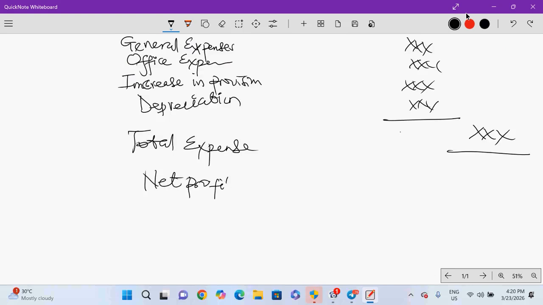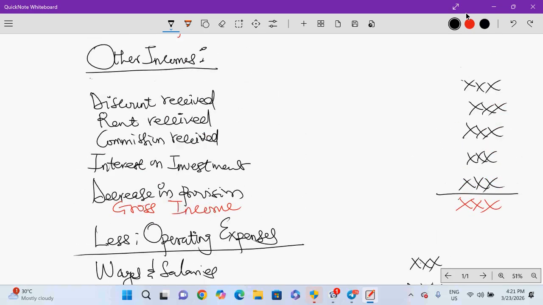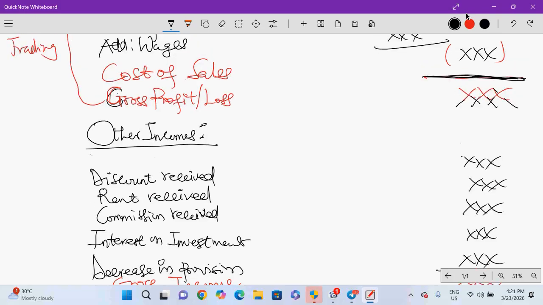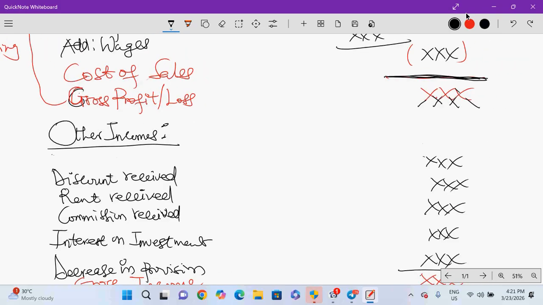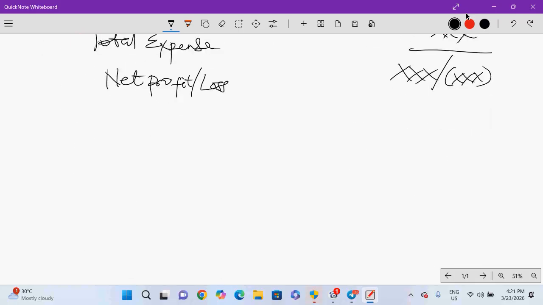So the net profit or loss: if it is a profit, positive; if it's a loss, in brackets. Same way as the gross profit and the gross income. All right, so this is the format for the income statement.